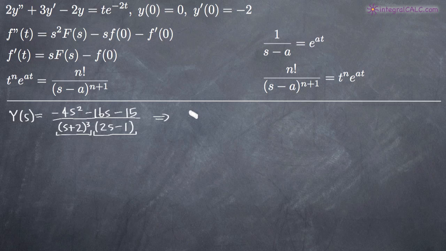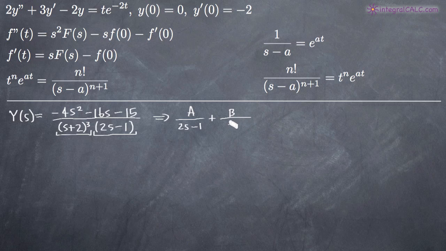We'll call it A over, let's do the 2s minus 1 first. So we'll do 2s minus 1. Then we'll have plus B, and remember we just need these variables A, B, C, D, as opposed to Ax plus B or something like that, because we're dealing with linear factors instead of quadratic factors.